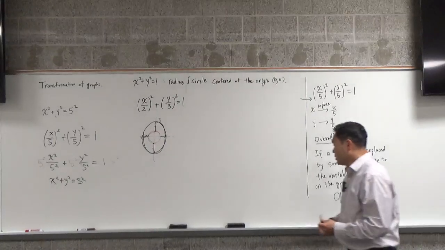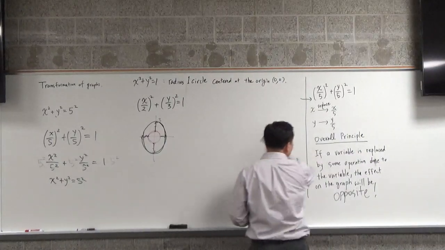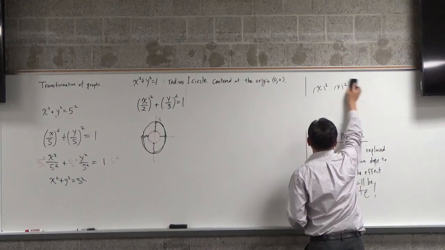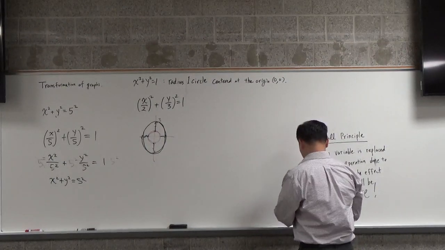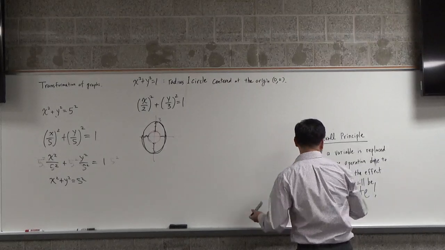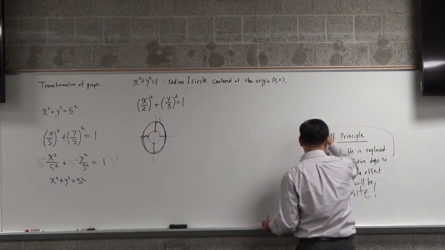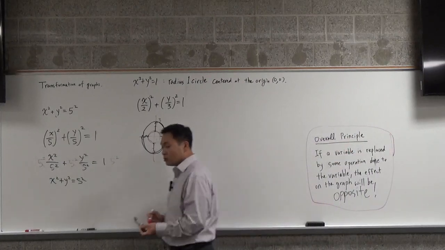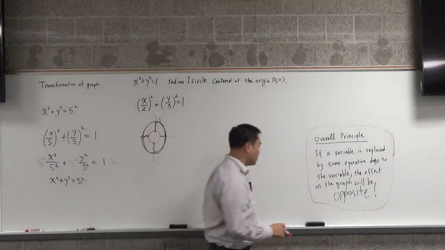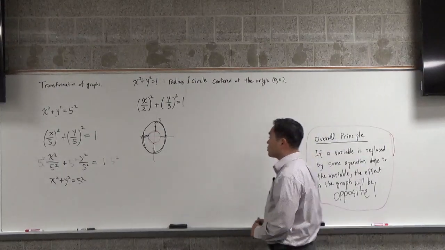Okay. Now, what I want you to be able to do is I'm going to throw you a bunch of different kinds of equations, and you have to look at it and use that principle to determine what the graph is.